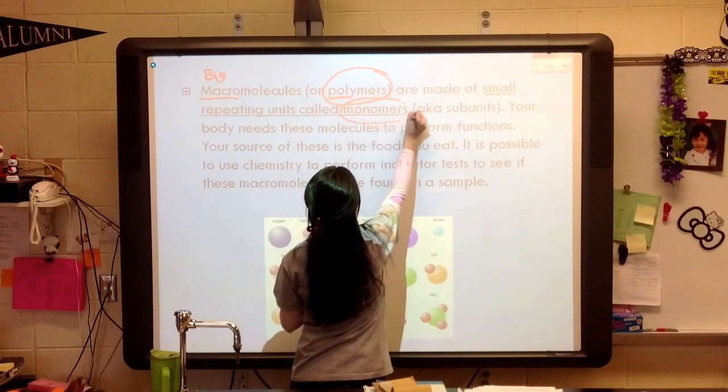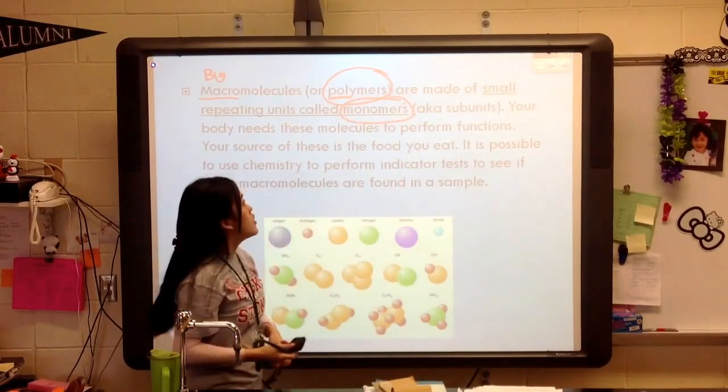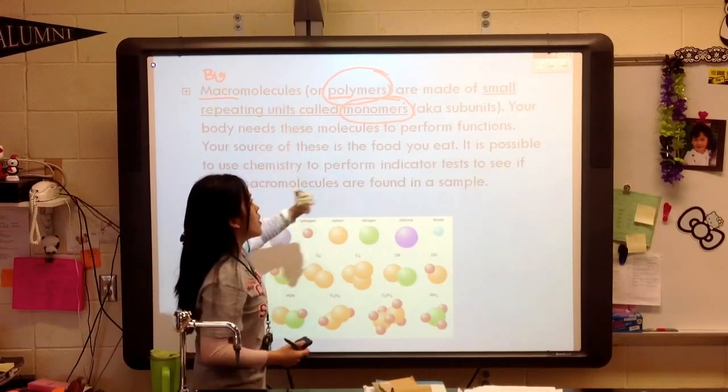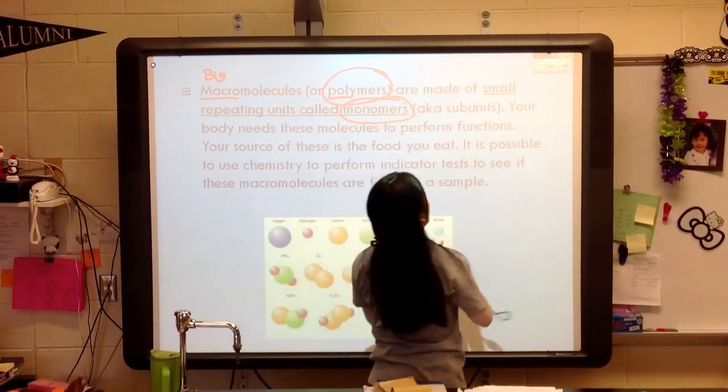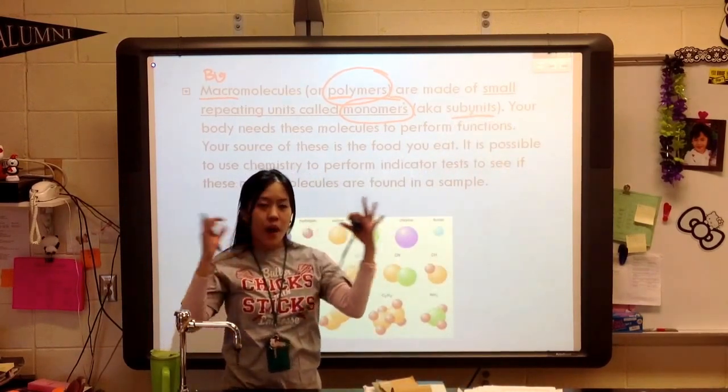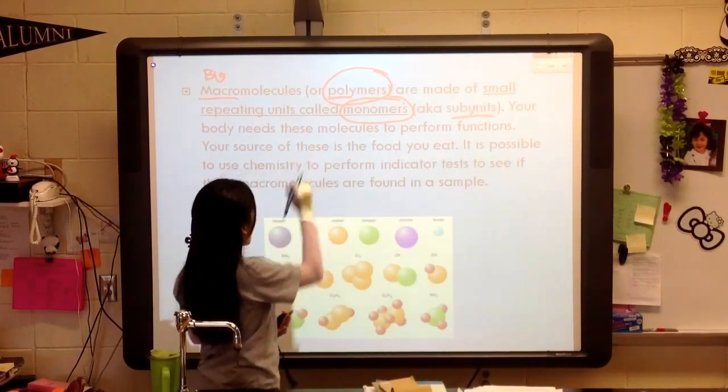And this is another vocabulary word you'll need to know. So macromolecule and polymer mean the same thing. Monomer and subunit are going to mean the same thing, a small part. So a bunch of monomers is going to make a polymer.